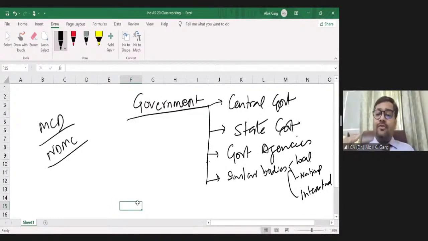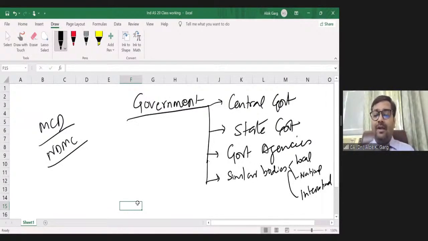the government includes central government, government of India, state government, let's say government of Rajasthan, government of Karnataka, government of Maharashtra, government agencies like Reserve Bank of India, similar bodies like Municipal Corporation of Delhi, New Delhi Municipal Corporation, similar bodies like local, national, or international.